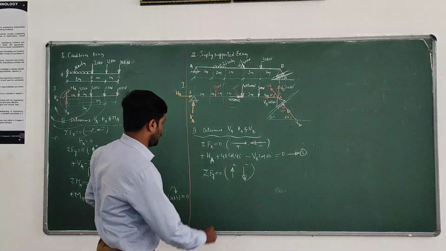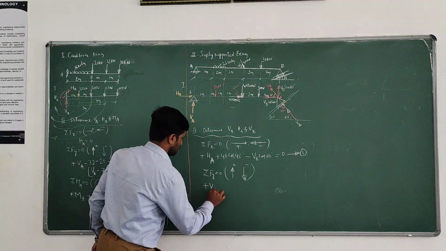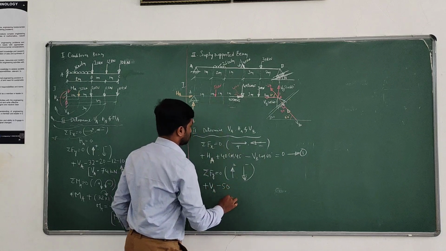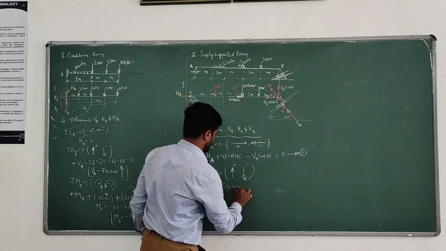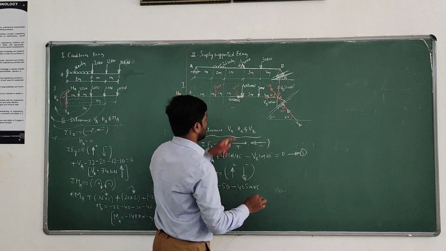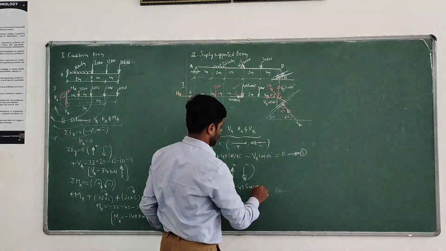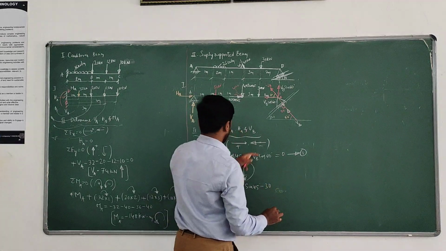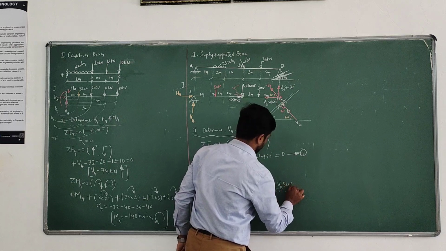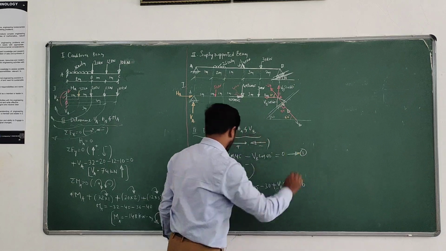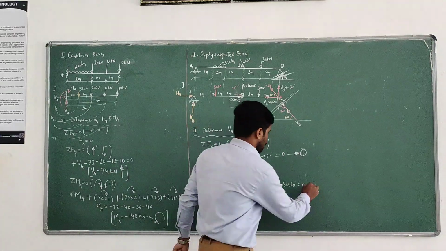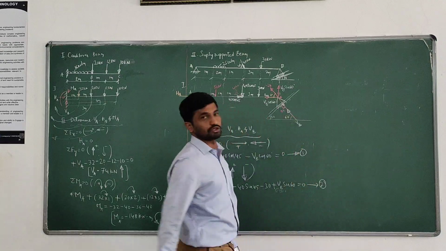That is plus VA minus 50 minus 40 sin 45 minus 40 sin 45 minus 30 plus VB sin 60 equals 0. Here also VA is unknown, VB is also unknown. Take this as equation number 2.